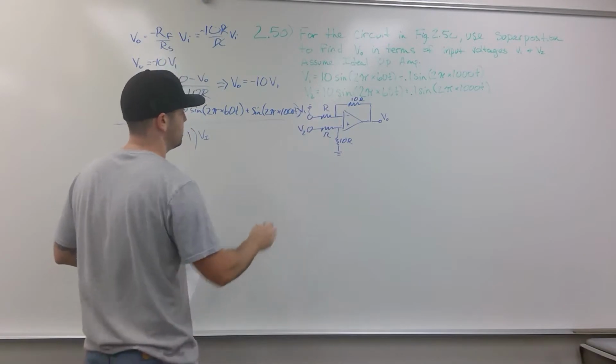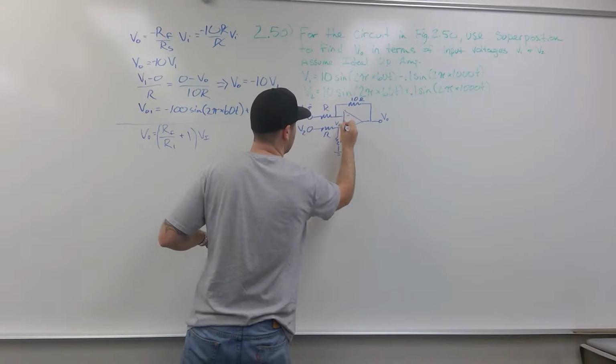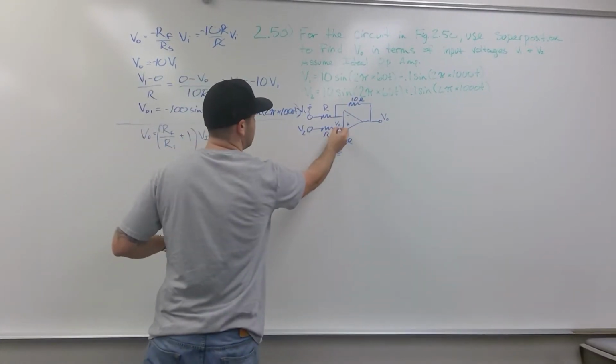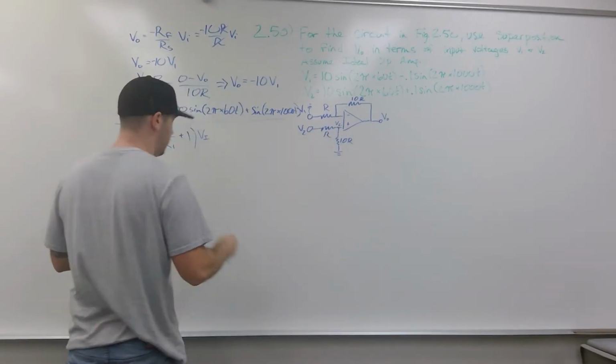So the only problem here is that we need to solve for VI, because in this case, VI would actually be right here. So we need to do a quick voltage divider on this to find that input.